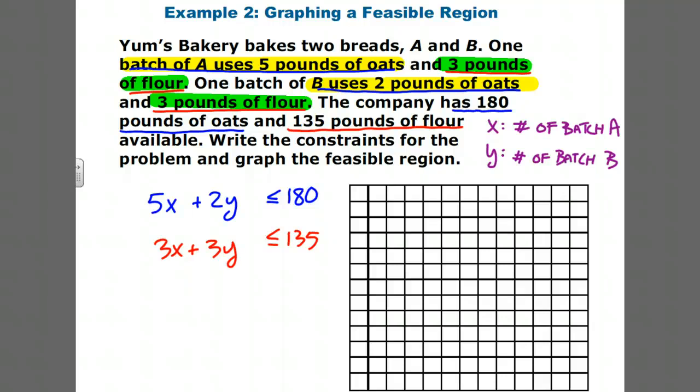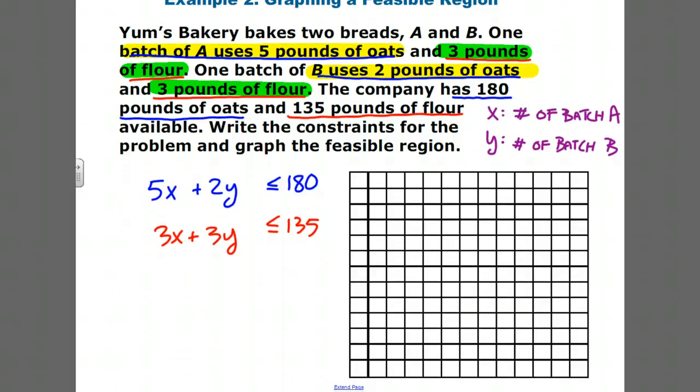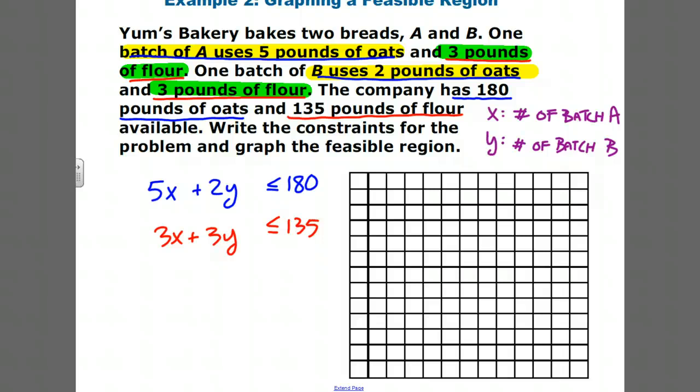When we graph this, what quadrant are we going to be graphing it in? The first quadrant, so we're not going to make any negative batches of bread. So x is going to be greater than or equal to 0, and so is y. So there is our system of inequalities, our 4 constraints, that will graph our feasible region.